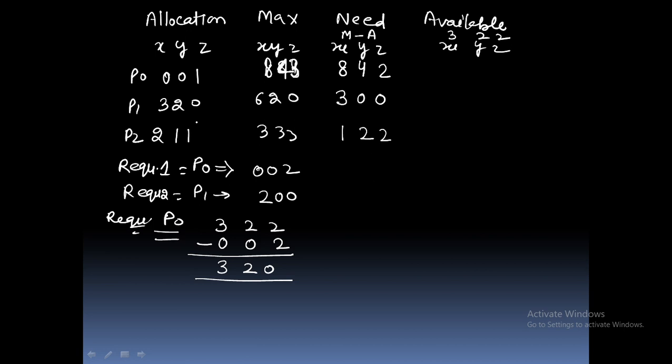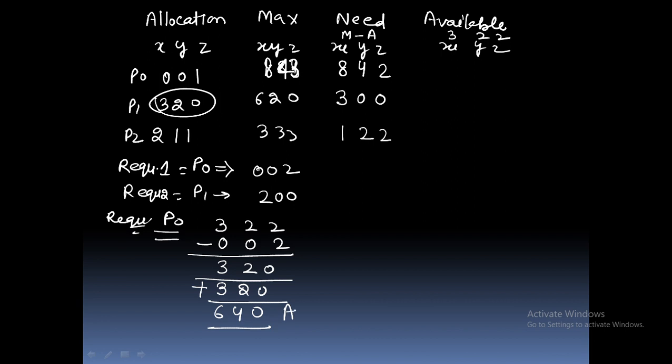When we check, then we see P1 for satisfying, when we add P1's allocation, that is 320, total is 640.